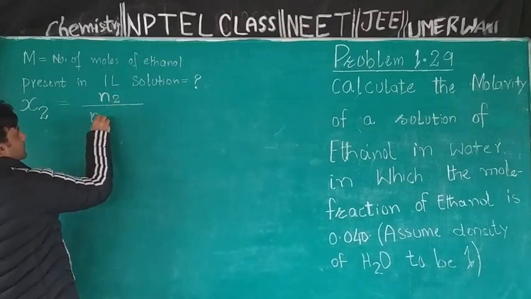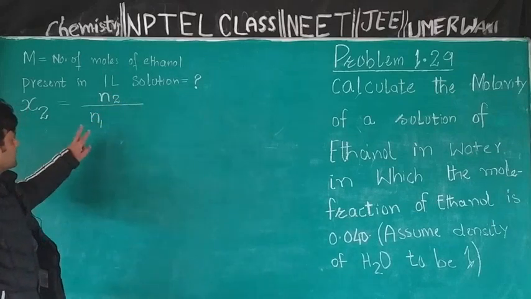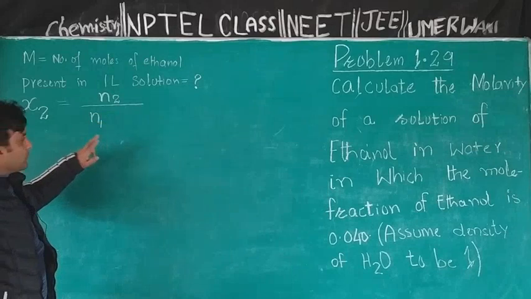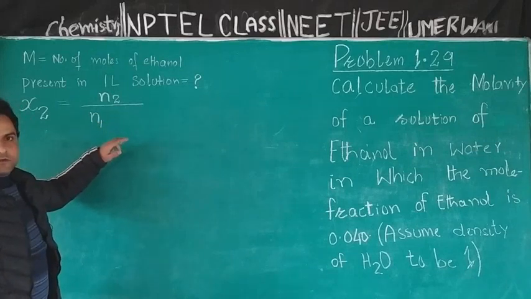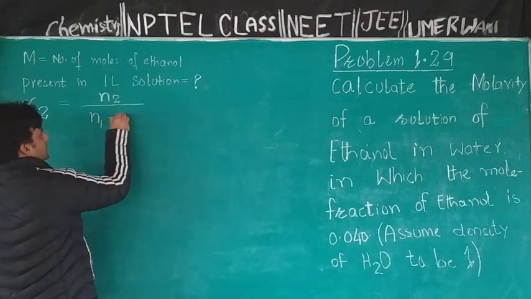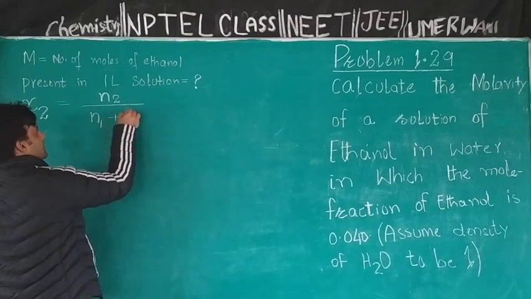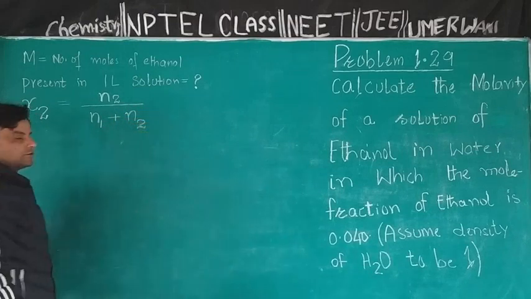Total number of moles will be, since it is a binary solution, there are only two components, one solvent water, 2 solute ethanol. Total number of moles in solution will be sum of moles of solvent water and solute ethanol, N1 plus N2.